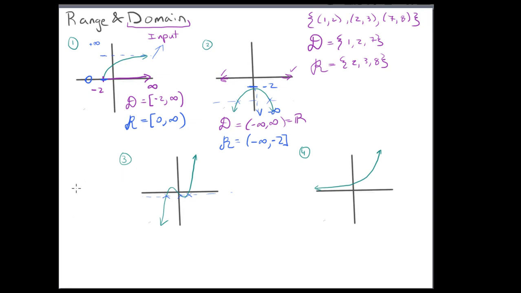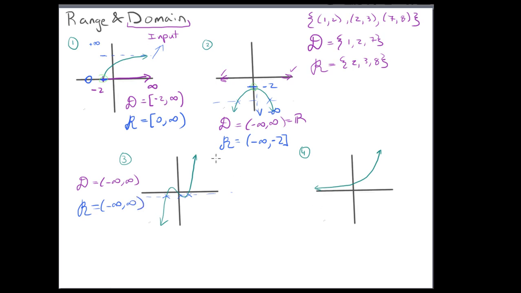And there doesn't seem to be any hard stops like over here or over here for this. It looks like this domain is going to be all real numbers, -infinity to infinity, and the range is going to be the same thing, all real numbers, -infinity to infinity.